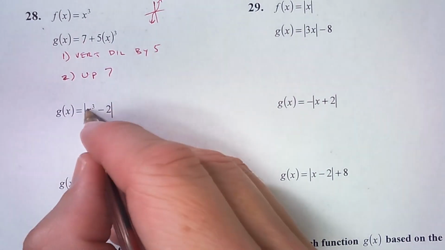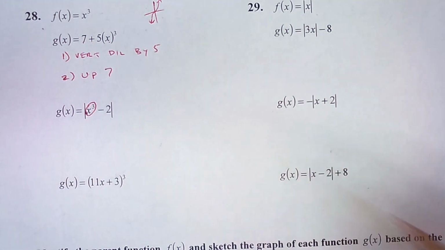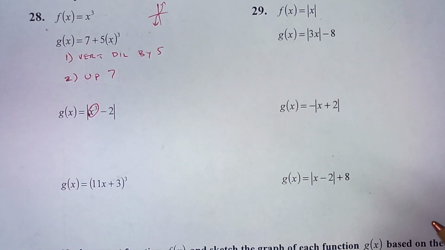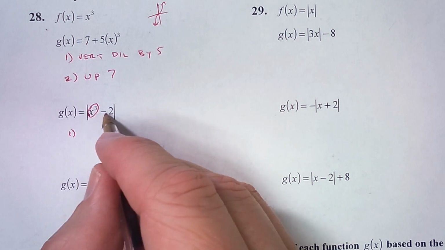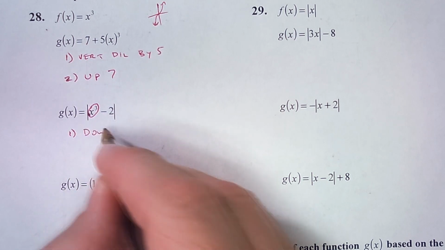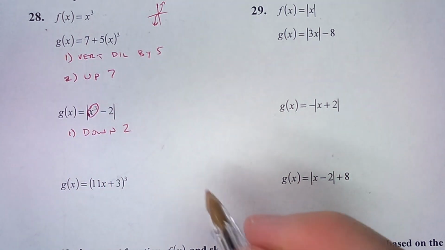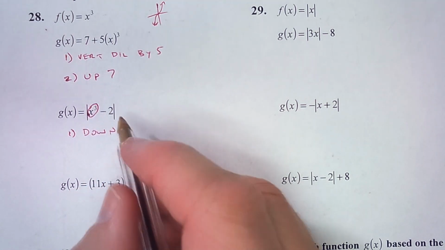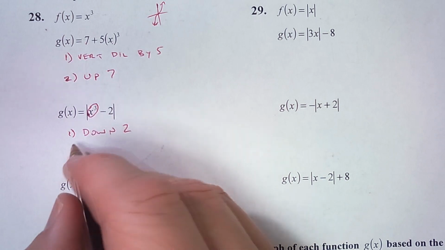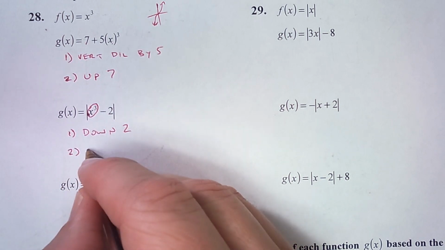Once again, there's nothing inside the original function. This is the original function right here. There's nothing inside of it, so first, it will shift vertically. It's going to shift down 2. Then the absolute value says that any negative outputs cannot be, so they have to flip to become positive outputs.